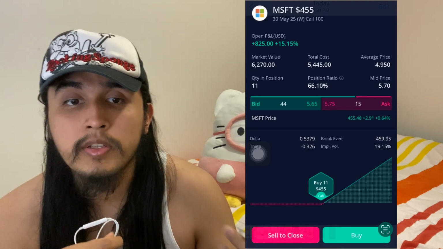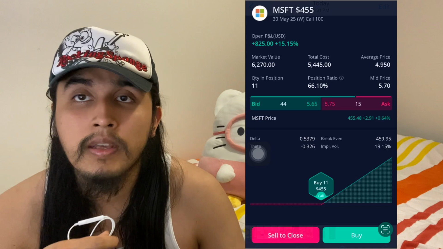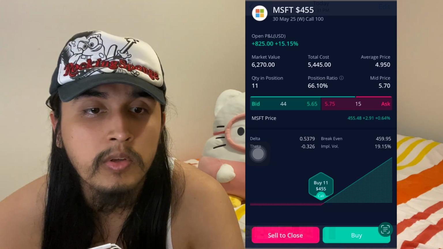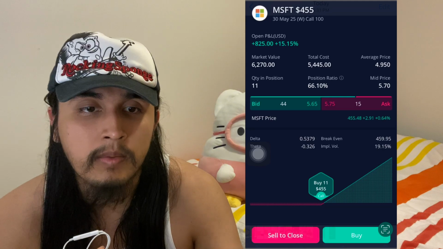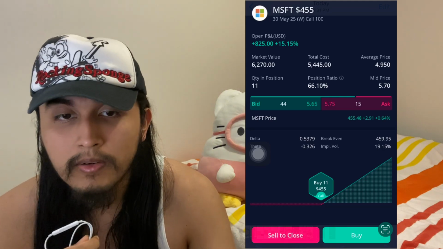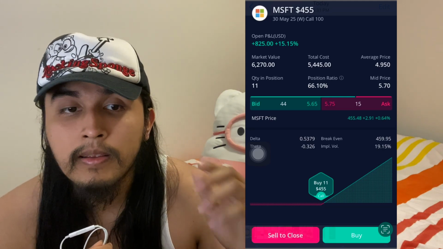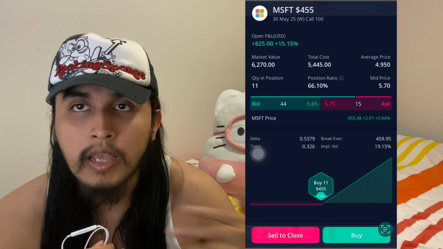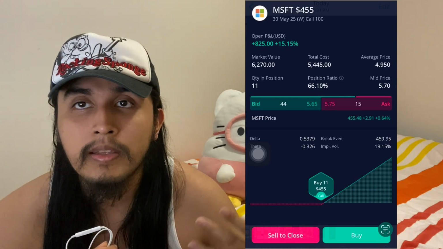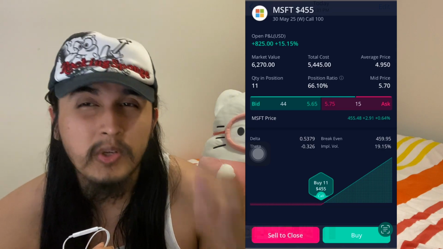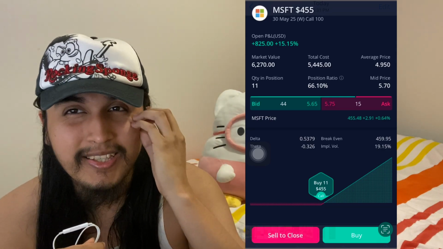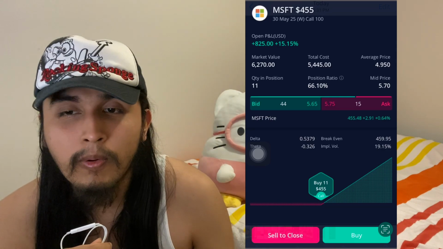Or let's say your risk tolerance level is that your percentage target is as soon as the position is up 10% or 15%, okay, sell out the position for that 10 or 15% target and move on to the next trade, and do the same thing like you just previously did. That way you're not stuck like, oh man, should I sell or should I still hold?